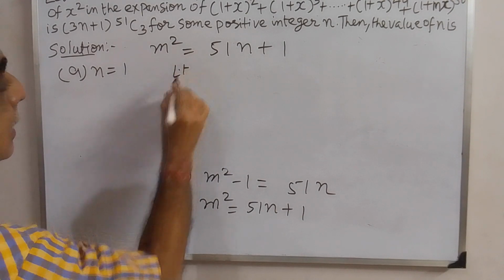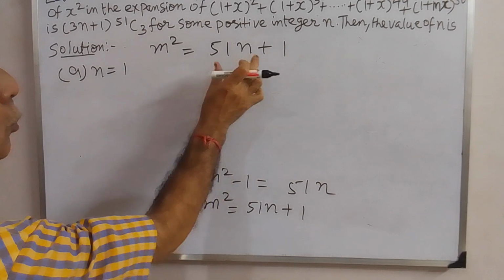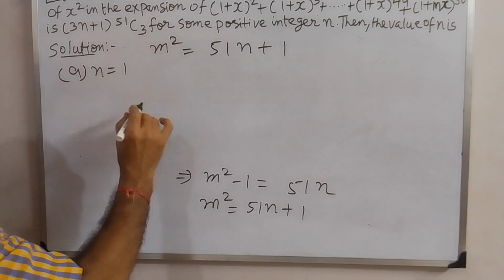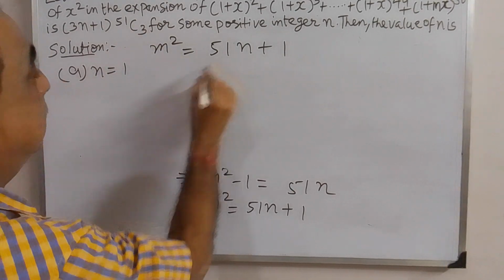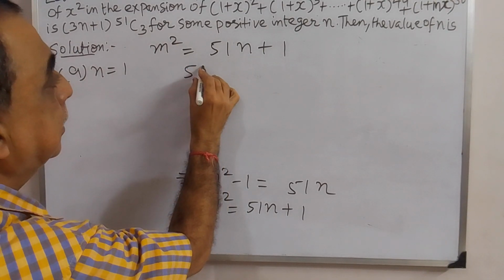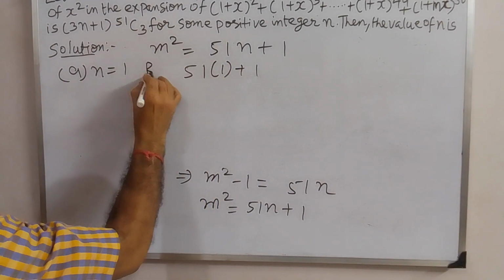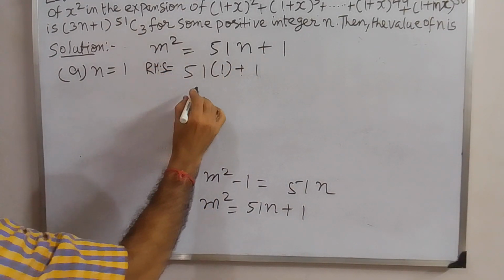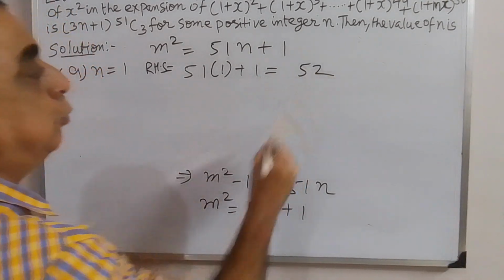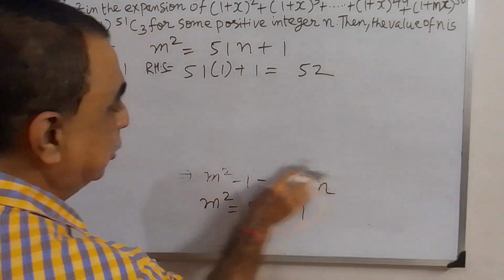Then the right hand side 51n plus 1 should be a square of some positive number. Putting n as 1, we get 51 into 1 plus 1. 51 into 1 is 51, plus 1 is 52, which is not a square of any natural number. So n cannot be equal to 1.